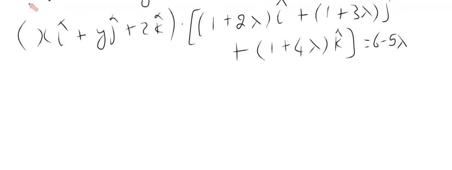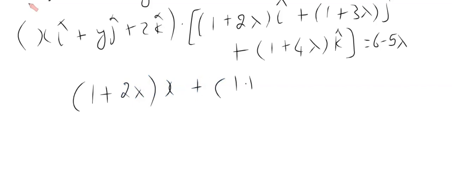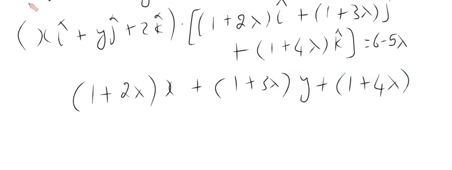Now we know i dot i is 1, j dot j is 1 and k dot k is 1. So on simplifying, we get this to be (1 plus 2 lambda) into x plus (1 plus 3 lambda) into y plus (1 plus 4 lambda) into z is equal to 6 minus 5 lambda.